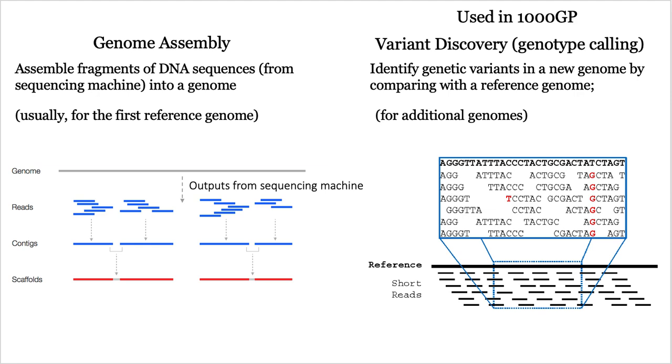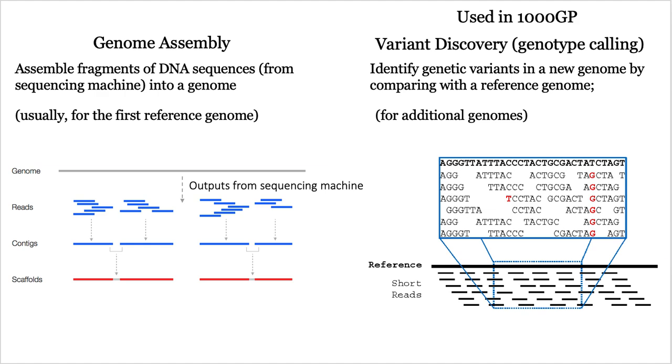By looking at the positions that are different between your sequencing result and the reference genome, you find a genetic variation. This is the difference between the new genome and the reference genome. So this is the process we use to identify genetic variants.